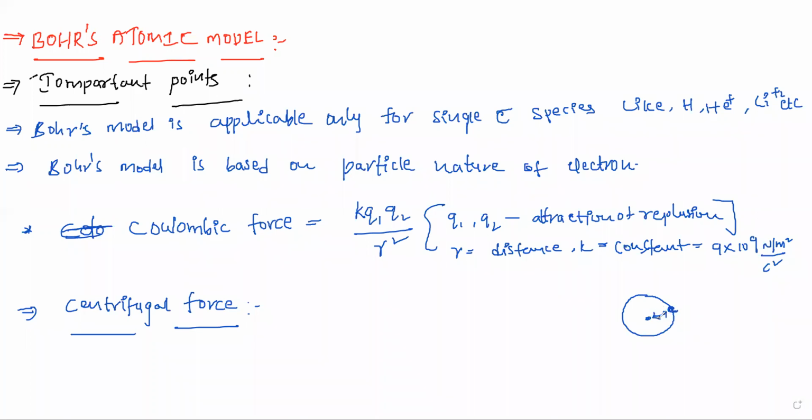Between them, attraction force and repulsion force both are there. So the centrifugal force is nothing but repulsion force. In a normal atom, repulsion force equals attraction force. The centrifugal force equals mv square by r.